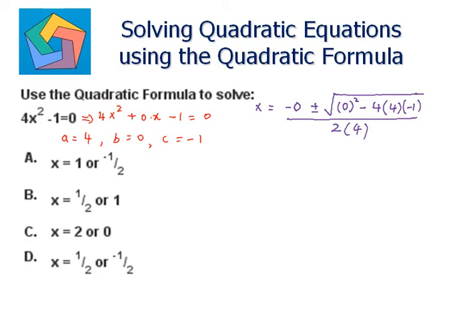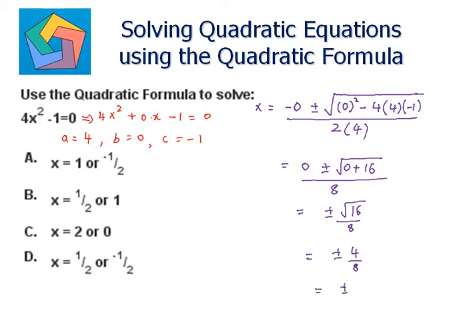So we have 0 plus minus square root of 0 plus 16 divided by 8, or we can say plus minus square root of 16 divided by 8, which is equal to plus minus 4 over 8 equals plus minus 1 by 2. So we can say x is equal to minus 1 by 2 or plus 1 by 2, which is the answer we see in the D part.